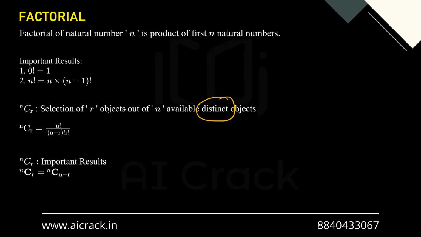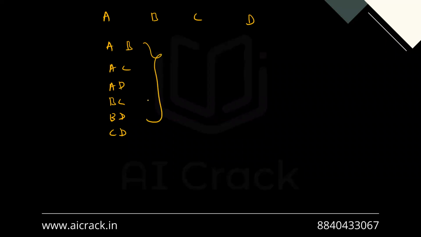Let's say we have 4 distinct objects, A, B, C, and D, and I have to select 2 objects from these 4 objects. How would we do that? I can select AB, AC, AD, BC, BD, and CD. So these are the 6 ways we can select two objects out of these 4 distinct objects.